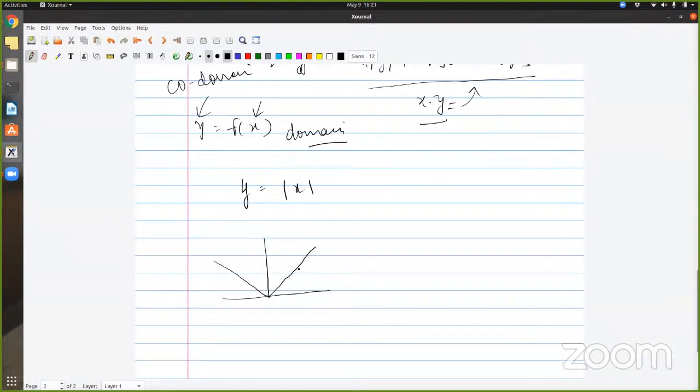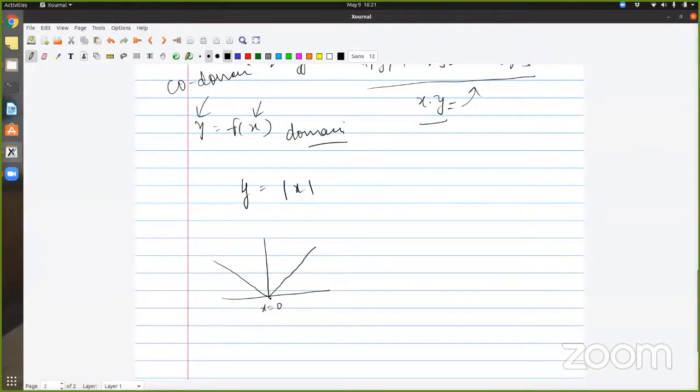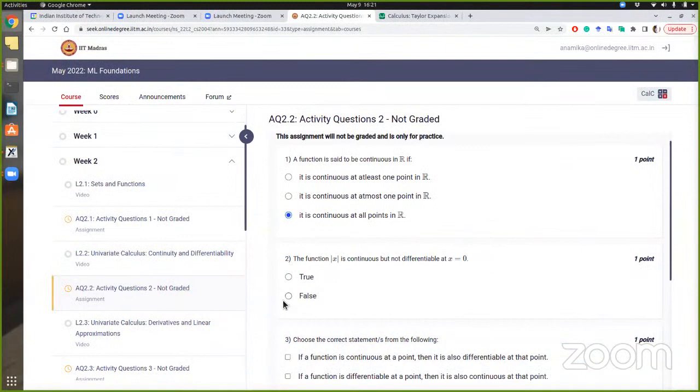If it is positive, it stays positive. If it is negative, you put a minus there and make it positive. So something like this. What are we asking? Is the function continuous? Yes, it is continuous. Is it differentiable? No, it is not differentiable. Here you see the rate of change of the function is different on each side. So it is continuous but not differentiable. So that should be true. Okay.